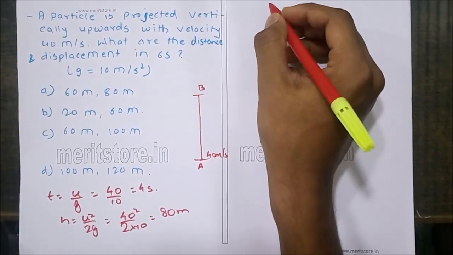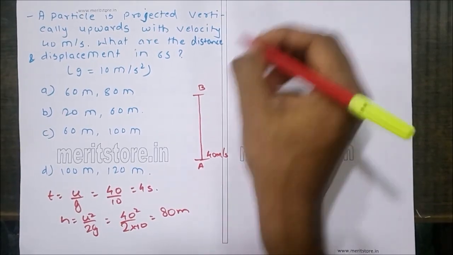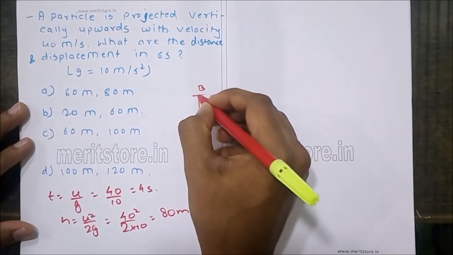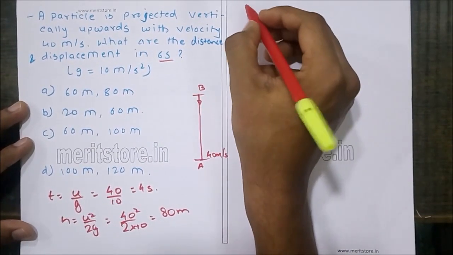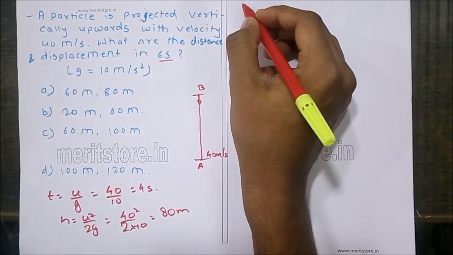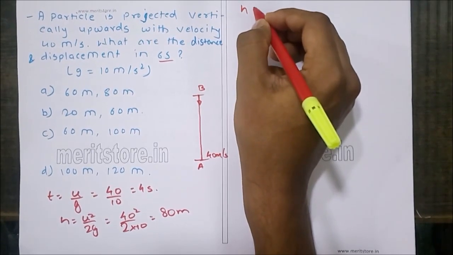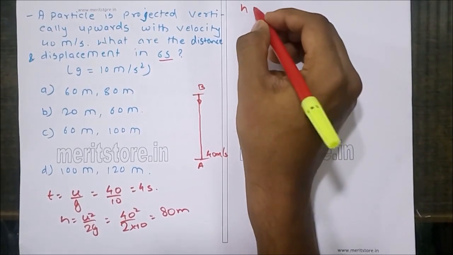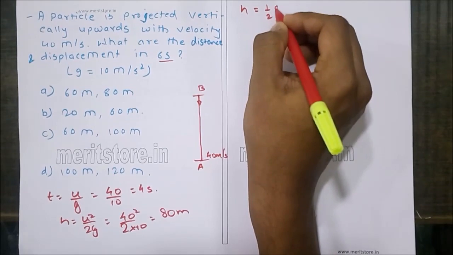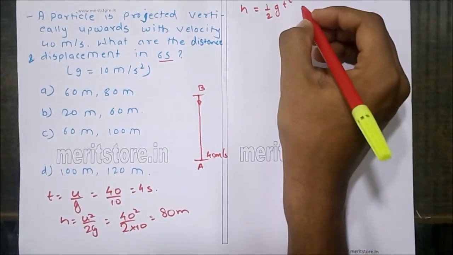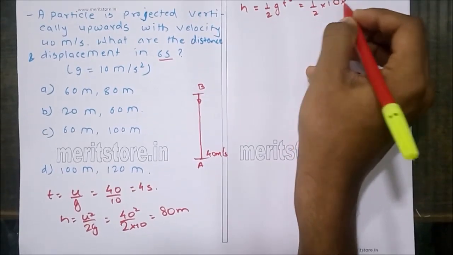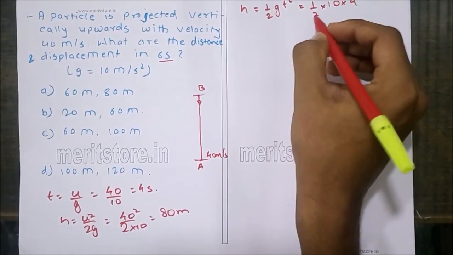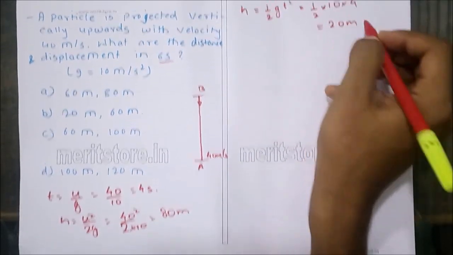Now, after 4 seconds, the ball reaches point B and again starts to drop for the remaining 2 seconds out of the 6 seconds. So in the remaining 2 seconds, the ball takes a free fall, and the distance covered would be given by half g t square, which is half into 10 into t square, that is 4, so 20 meters.